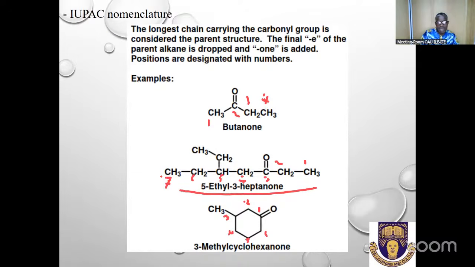So 5-methyl cyclohexanone will not be correct. If I give you this in the exam and you pick 5-methyl cyclohexanone, you get it wrong. So you must give the substituents and the carbonyl functional group the lowest possible number. And for this one, the best way is to go anti-clockwise.